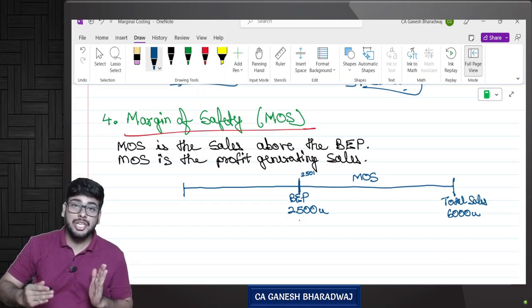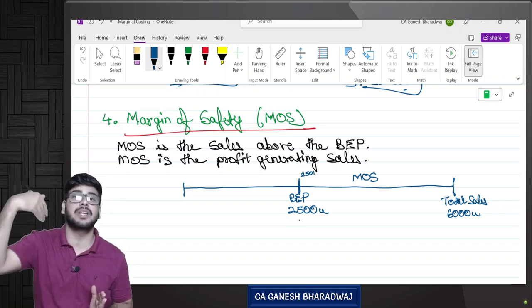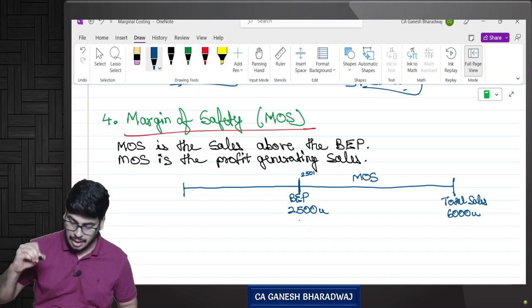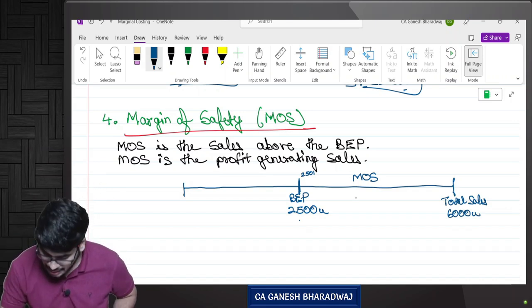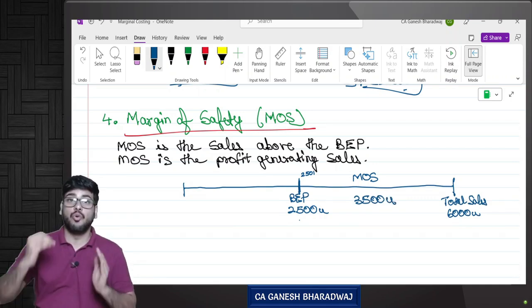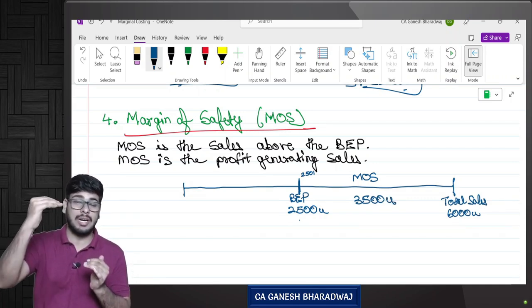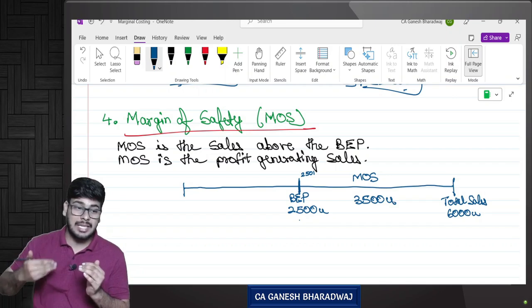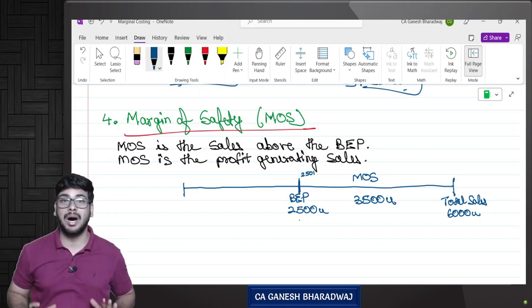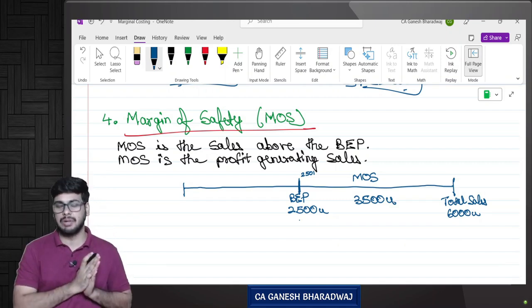So how many units over and above my break-even point am I selling? We are selling 3,500 units. Yes or no? So whatever units we are selling over and above our break-even point is called margin of safety. Are you clear with this?